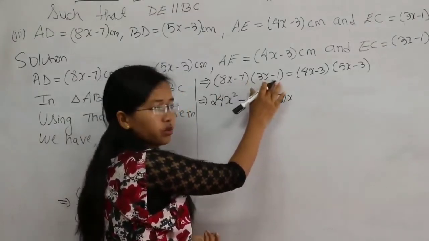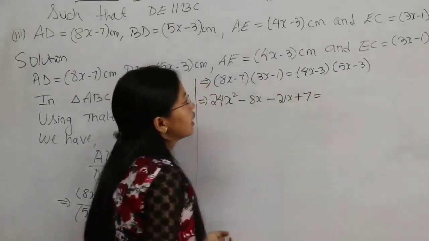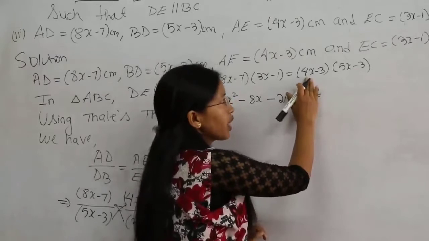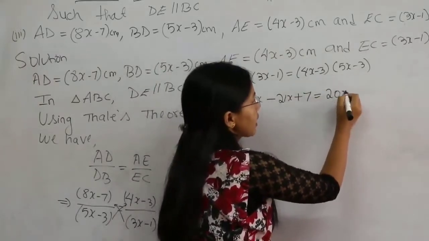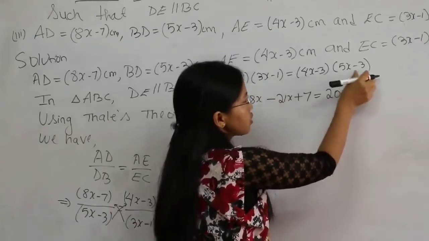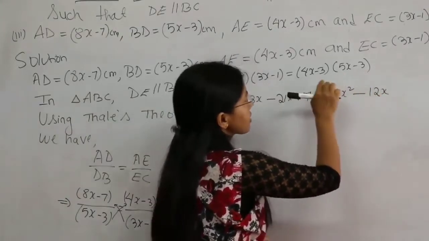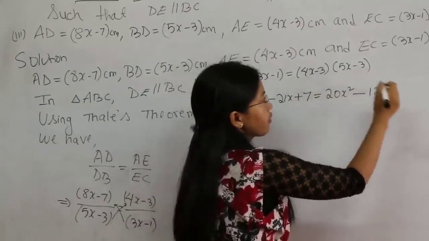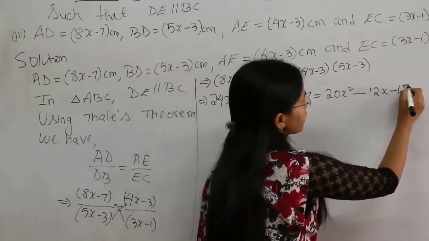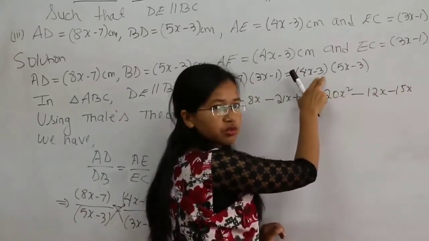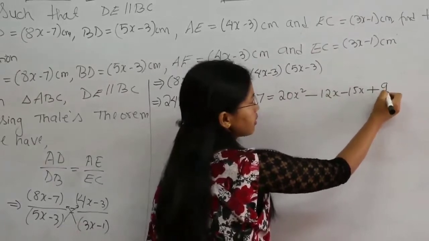Minus into minus, we know it is plus. So 7 into 1 is 7. Next, here 4x into 5x, what will it be? 20x square. 4x into minus 3, it will be minus 12x. Minus 3 into 5x, it is how much? Minus 15x. So minus 3 into minus 3, it will be plus 9.